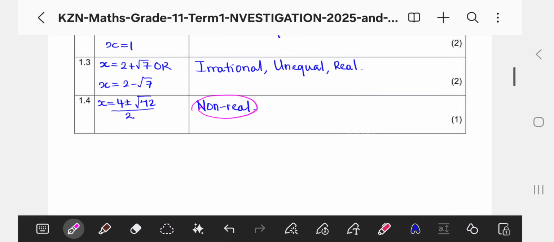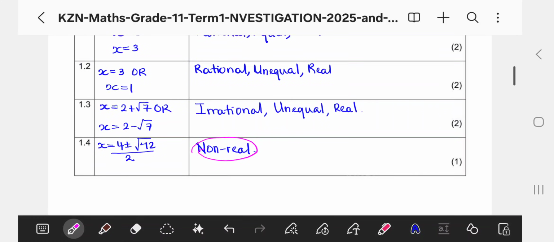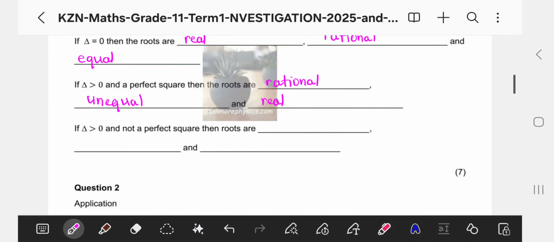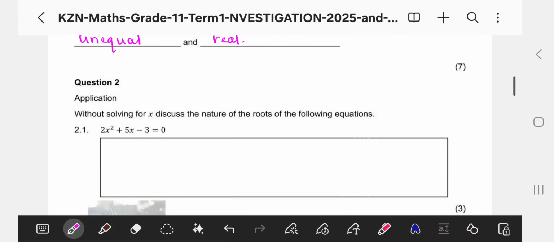So that actually leaves us now with 1.3, where we saw that they are irrational, they are unequal, and they are real. So let's fill that in. Irrational, unequal, and real.